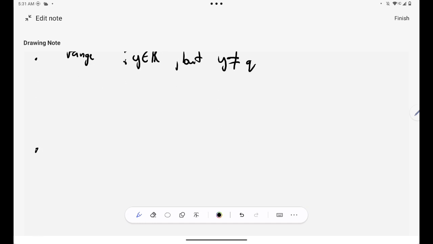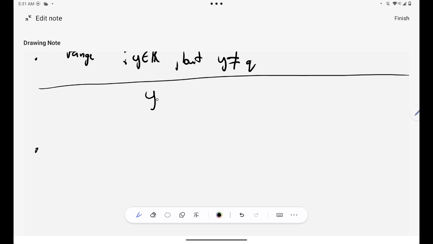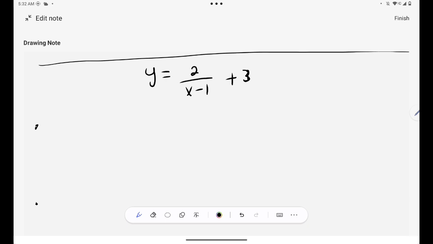So let's draw our graph. y is equal to 2 over x minus 1 plus 3. Okay, but to draw the graph, we are given this.